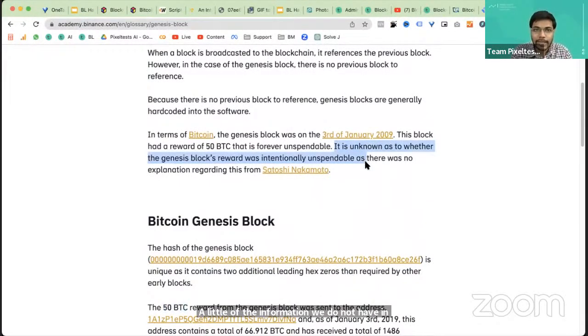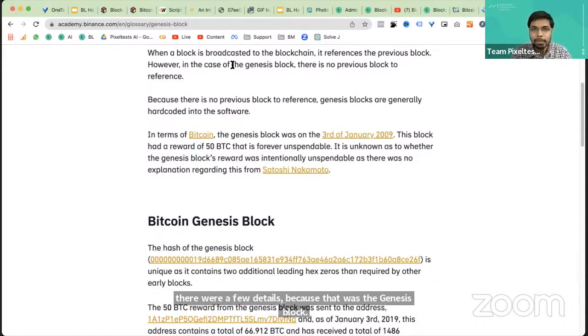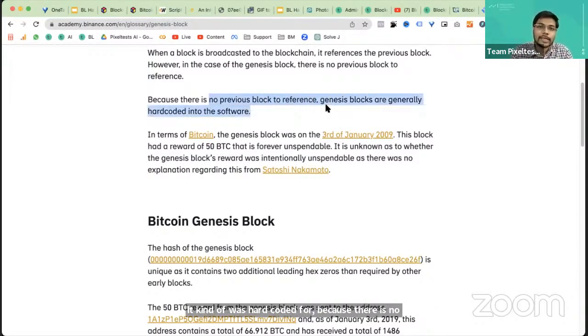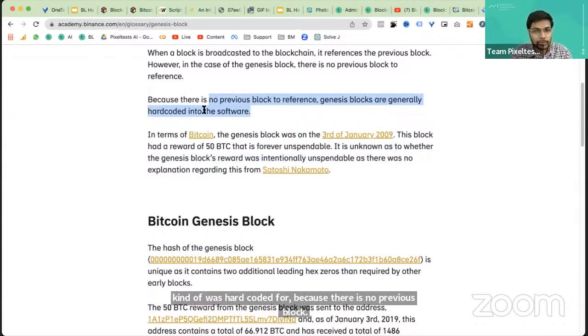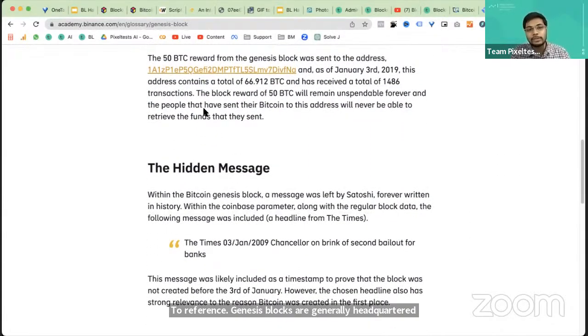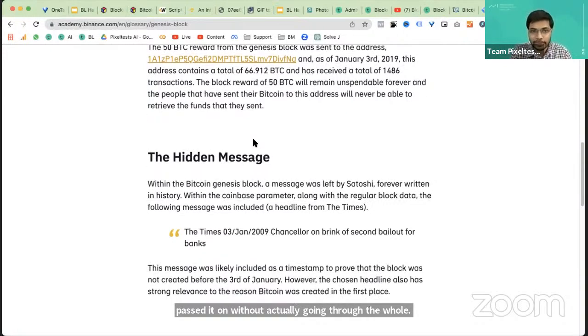It is unknown whether the Genesis block's reward was intentionally unspendable, as there was no explanation regarding this from Satoshi Nakamoto. It kind of was hard coded because there is no previous block to reference. Genesis blocks are generally hard coded into the software, so whatever input came in, they passed it on without going through the whole transaction verification mechanism.